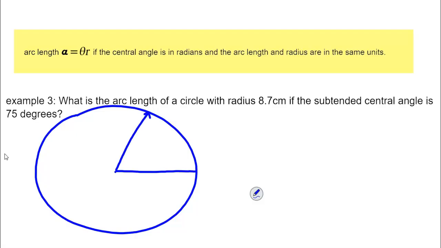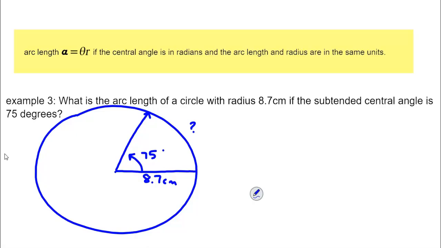So this is 75 degrees. The question is, what's the arc length of the circle, this measurement of that arc, with a radius of 8.7 centimeters, if the subtended central angle is 75 degrees.